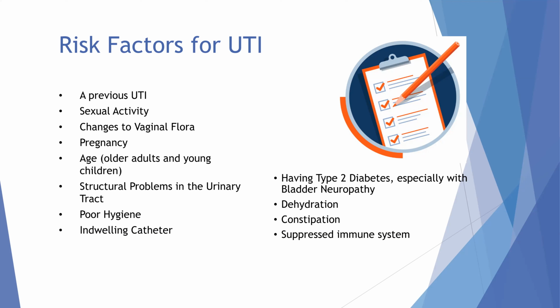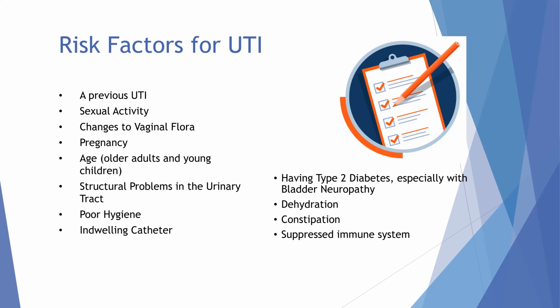Poor hygiene is a risk factor, either not wiping front to back, not keeping a clean perineal area, or touching the genitals with dirty hands, which introduces bacteria that way as well.